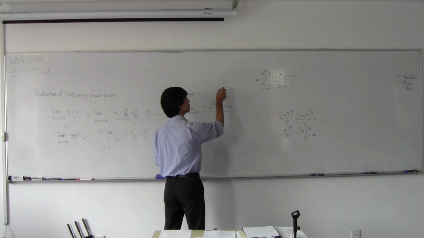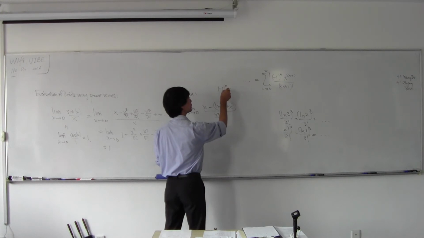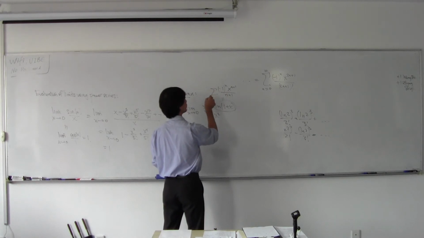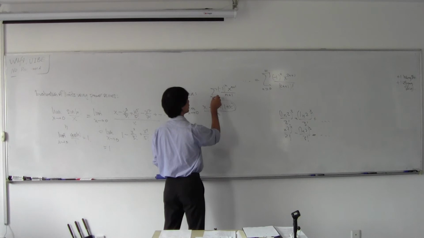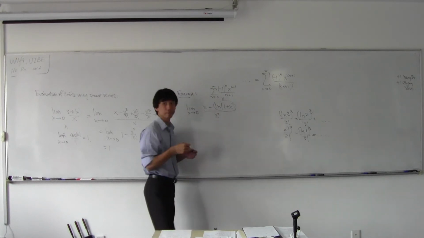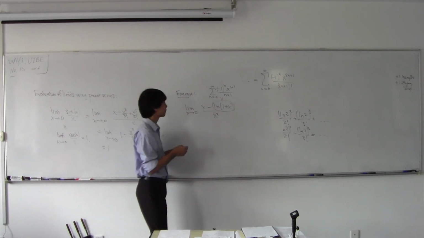Negative 1 to the n, multiplied by x to the n plus 1 over n plus 1, from n equals 0 onwards. Right? Okay, yeah, that's right.